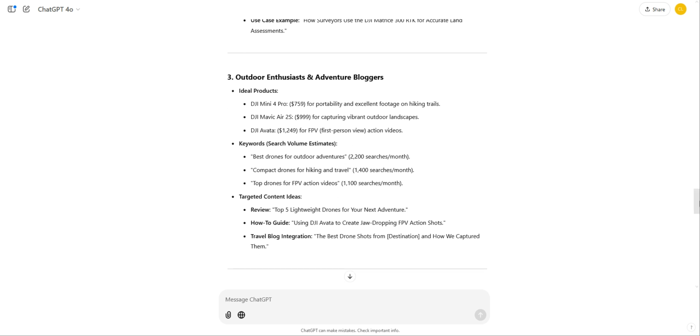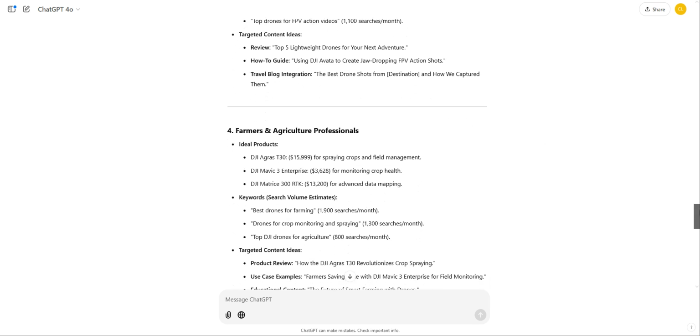Outdoor enthusiasts and adventure bloggers. So these ones: DJI Mini 4 Pro, there's the products. Best drones for outdoor adventures, 2,200 searches. Compact drones for hiking and travel, 1,400. Top drones for FPV action videos, like those sort of Red Bull or snowboarding or surfing action videos, and people will buy.